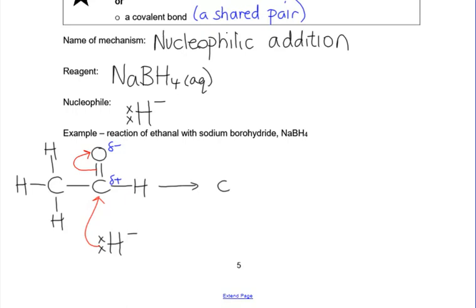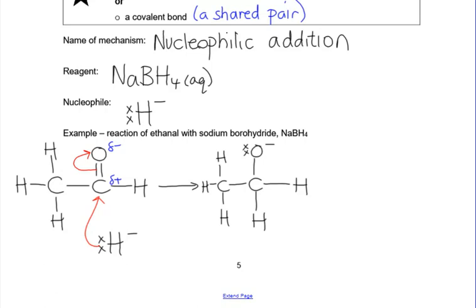So we haven't done anything to this methyl group at the end, so just copy that out. But we have turned this oxygen into an O with a minus charge and a lone pair. We moved a pair of electrons that were in the pi bond onto the oxygen. The hydrogen's still there, and we added a hydride ion, so the pair of electrons that was the lone pair is now the shared pair in the bond.